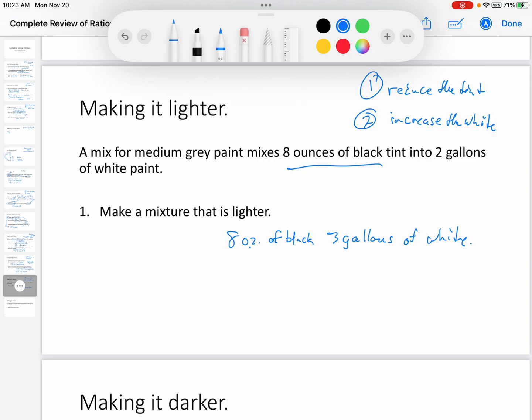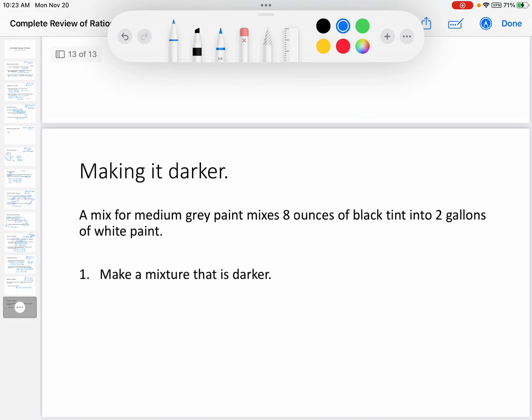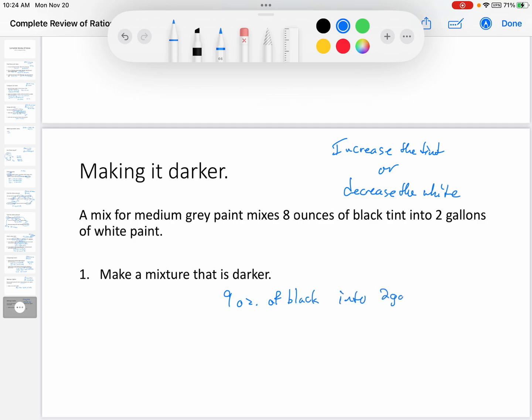Easy? Make it darker. Well, this time we want to increase the tint or decrease the white. So if we increase the black, I could say 9 ounces of black into 2 gallons of white.